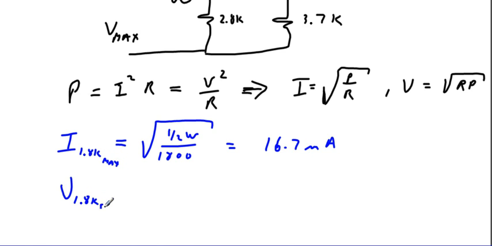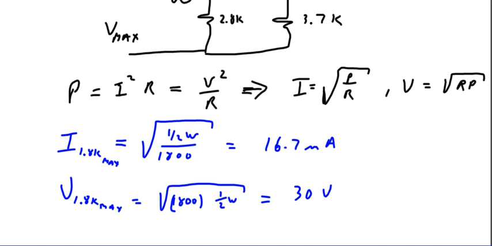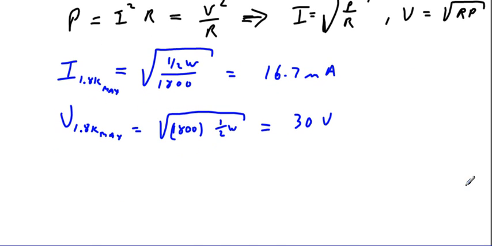And then we look at the voltage across the 1.8K resistor that would be allowed, that would be a maximum voltage. And that would be the square root of the resistance times the power. And that would be 30 volts. And then we'd ask, what is the maximum current across the 2.8K guy?